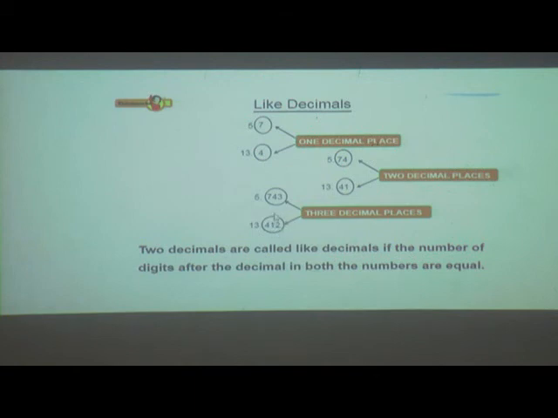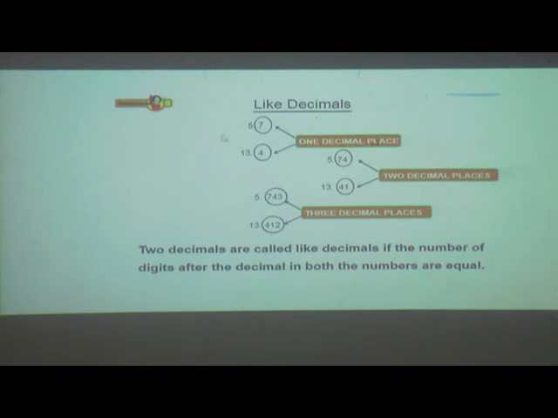In short, two decimals are called like decimals if the number of digits after the decimal in both numbers is equal. Why both numbers? Because we have to consider the number of digits after the decimal.